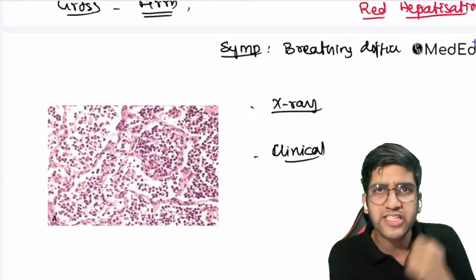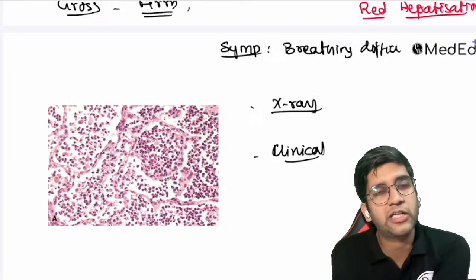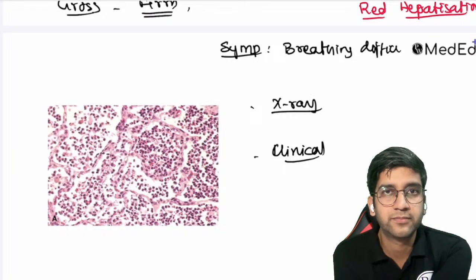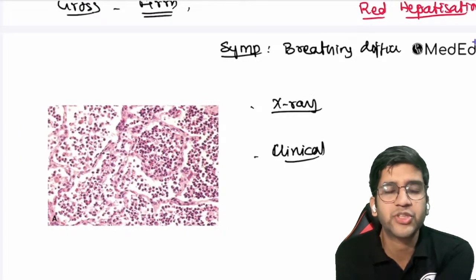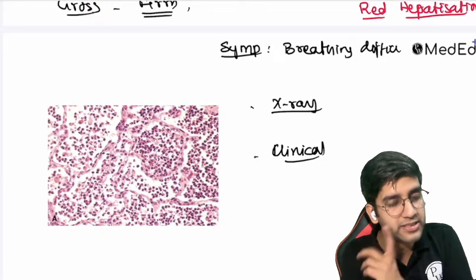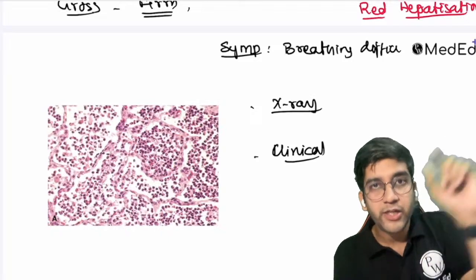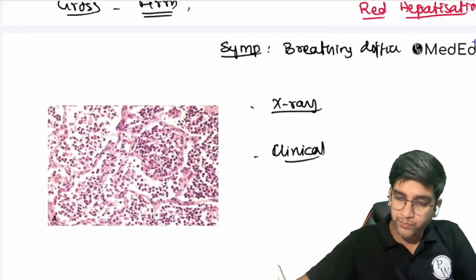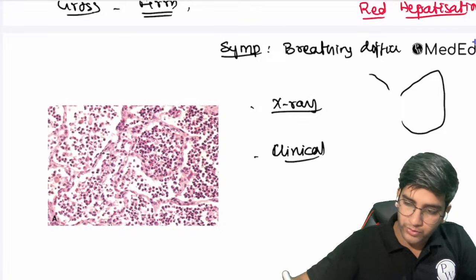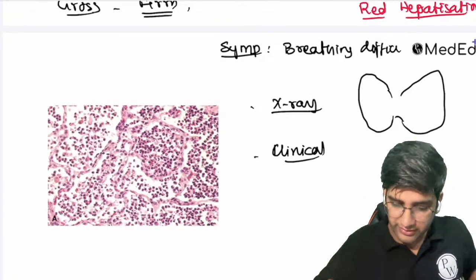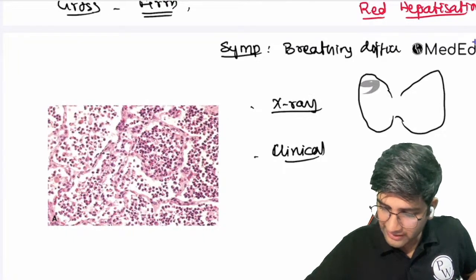Now, you must have seen a chest X-ray, right? What's the normal color of lung in a chest X-ray? White or black? It's black because the lung parenchyma has alveoli, and alveoli are filled with air, which is transparent. Perfect. Now let's assume this is a lung shadow. I cannot draw it black, but let's assume it's black like this.